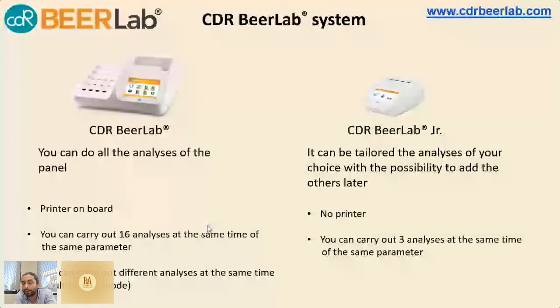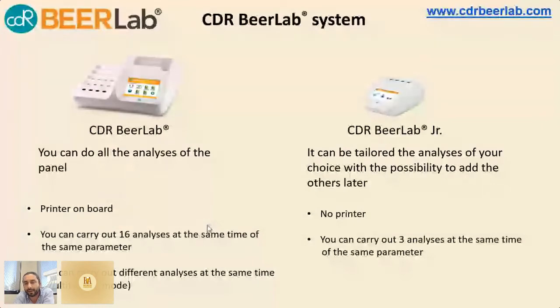With the Junior, it can be tailored to your choice, so you can select the analyses you need. You don't have the printer, but of course, in both cases, you can export the results to your computer without any problems. And of course, here you can carry out only 3 analyses of the same parameter.